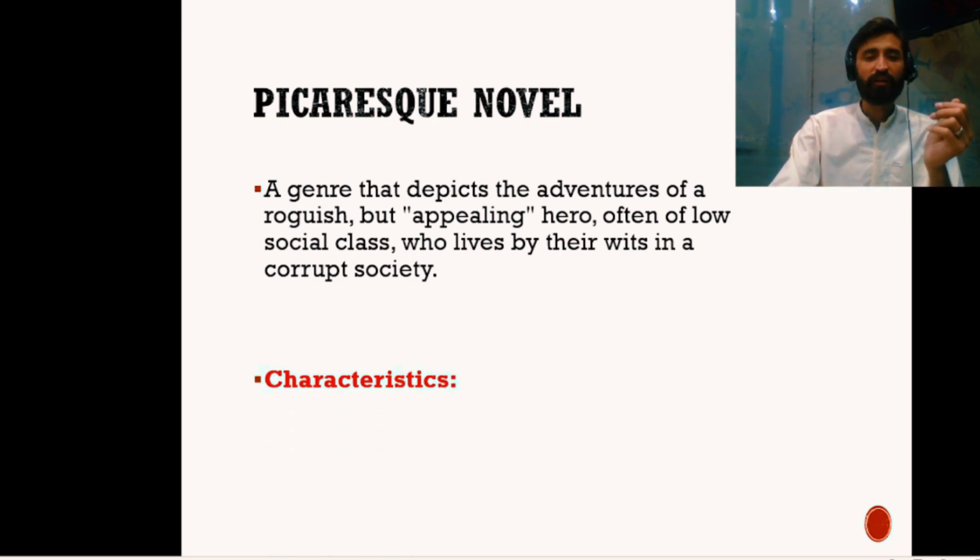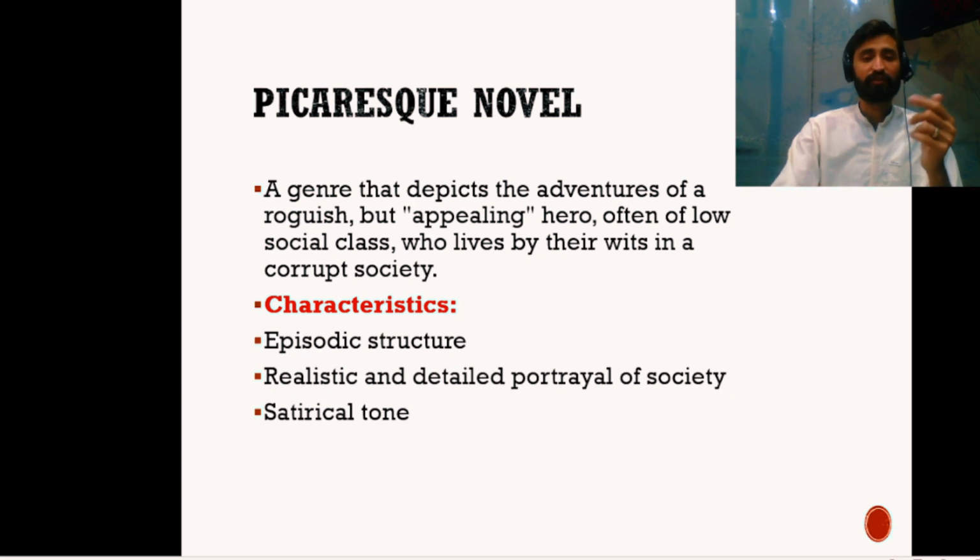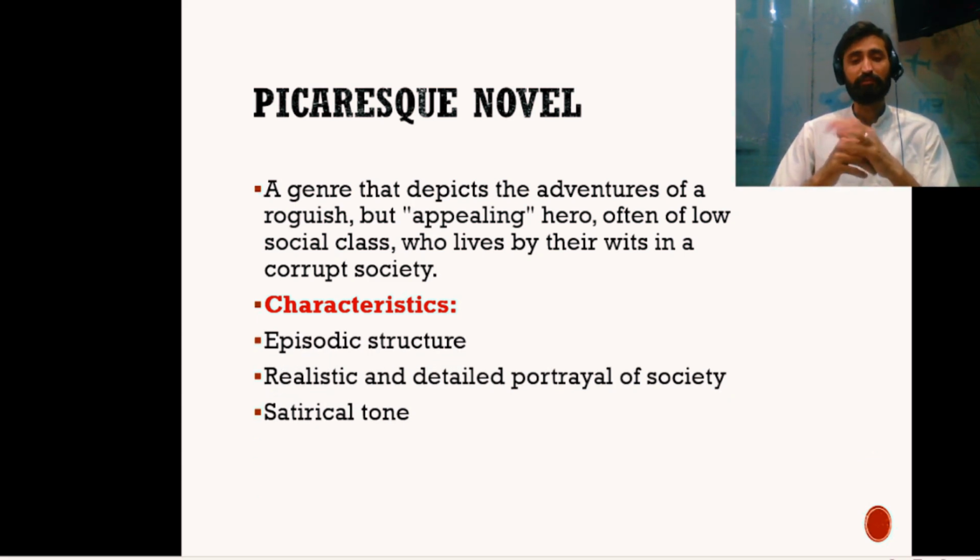So now, what are the different characteristics? First one, it is episodic in nature, meaning there will be different episodes, different chapters, and it is a realistic and detailed portrayal of society. It is based on reality.